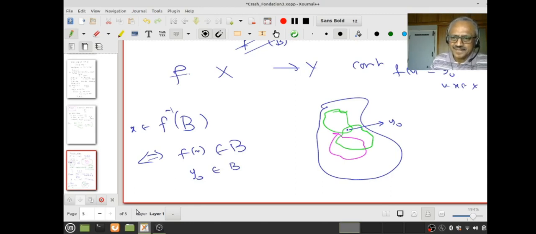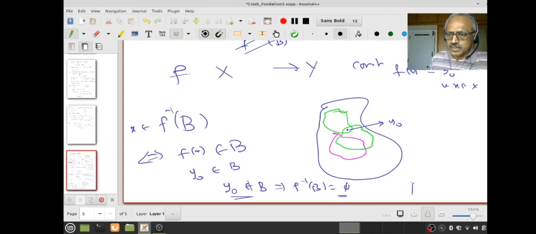Think. If y naught is not in b, then f inverse b must be empty. Do you see that? Because if x belongs to f inverse b, that means f(x) must be in b, but f(x) is y naught, therefore y naught is in b. But your assumption is y naught is not in b. Therefore, you understand. Pause, review, proceed.